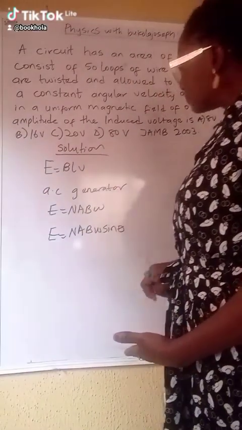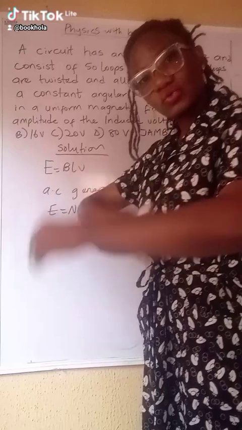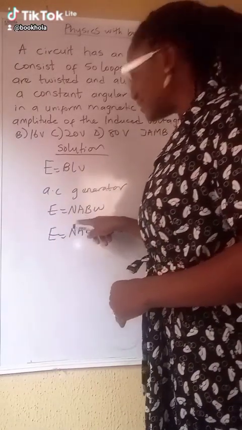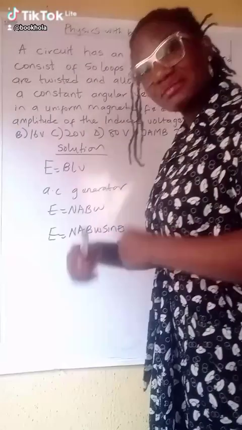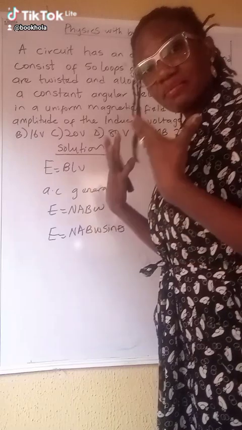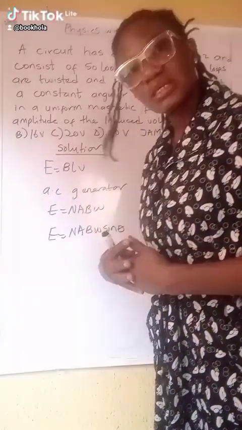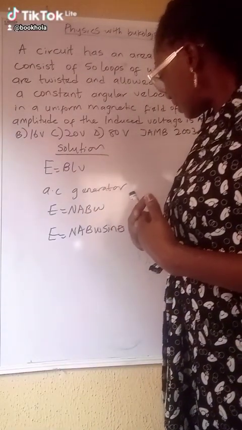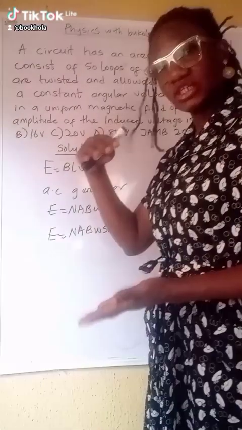N is the number of turns. A is the area, measured in meter squared. B is the magnetic field. W is the angular velocity. And theta is the angle of inclination.